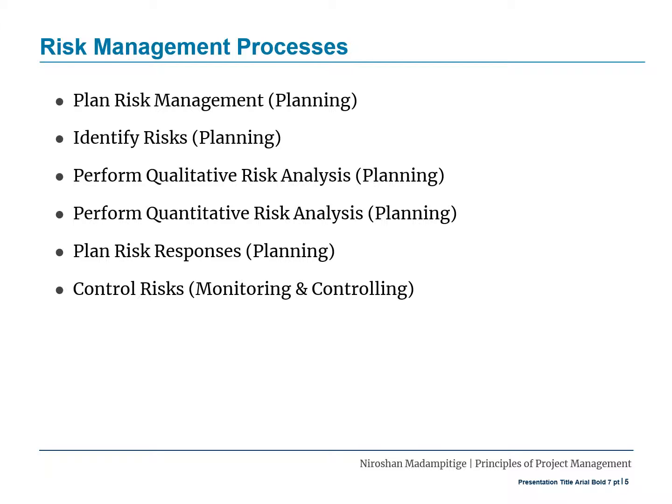If you look at these 6 different sub-processes within risk management, you see that most of them, 5 of these sub-processes, are within the planning stage. Just the last one, which is control risks, is within monitoring and controlling.